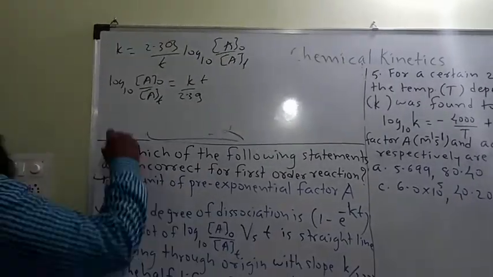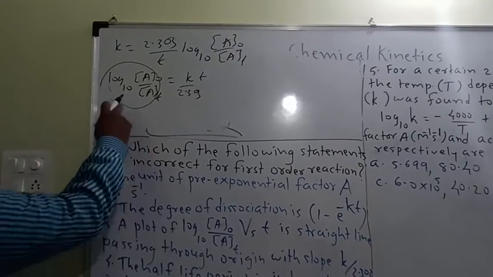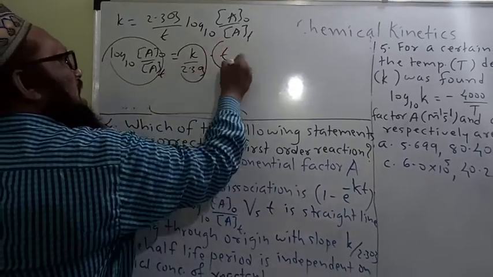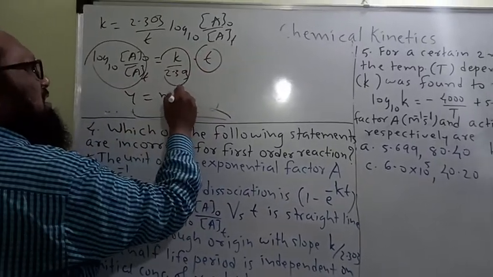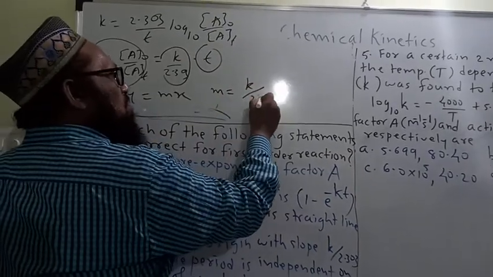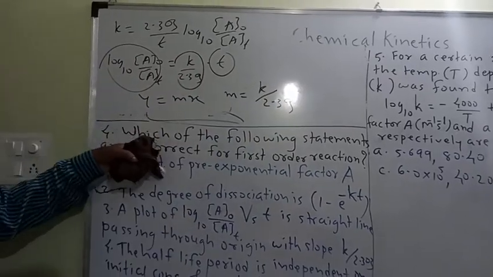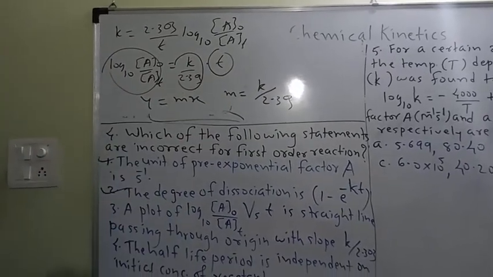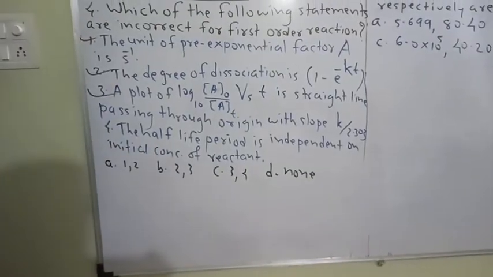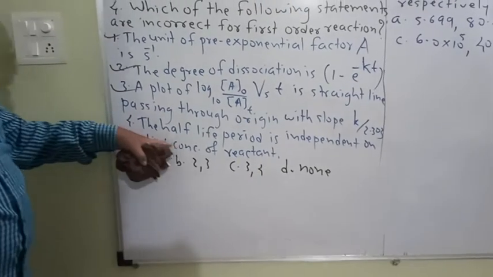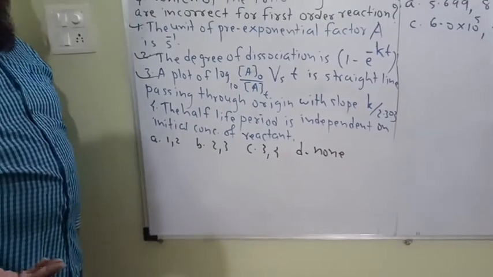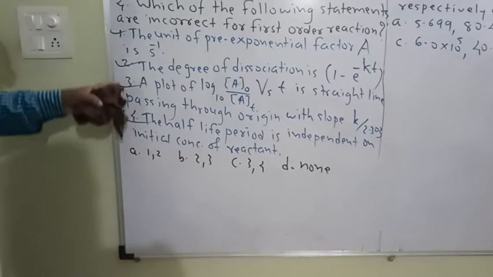This is the whole term, t is the variable. The equation is y is equal to mx, where m is the slope. Slope is nothing but k upon 2.303, and this is a straight line of equation y is equal to mx passing through origin, slope k upon 2.303. This is also correct. Then statement number 4, the half-life period is independent of the initial concentration of reactants. This is also a correct statement.